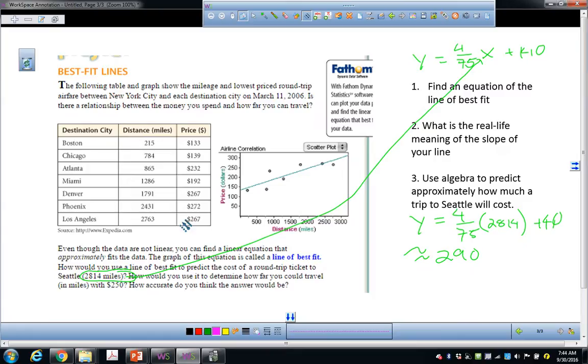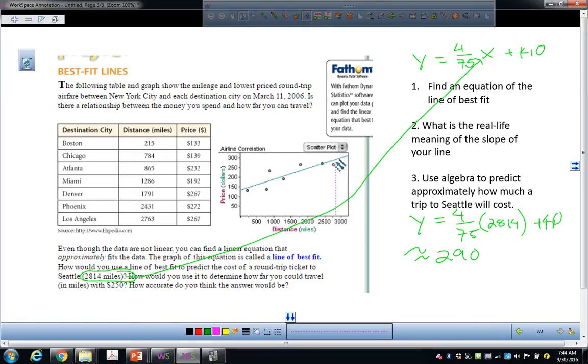How about graphically? How could I do that graphically? I could just graph the point. I come over here to 2,814 or about 2,000. So this would be, let's see, that's 2,500. This would be 2,750. So 2,800 would probably be about here.